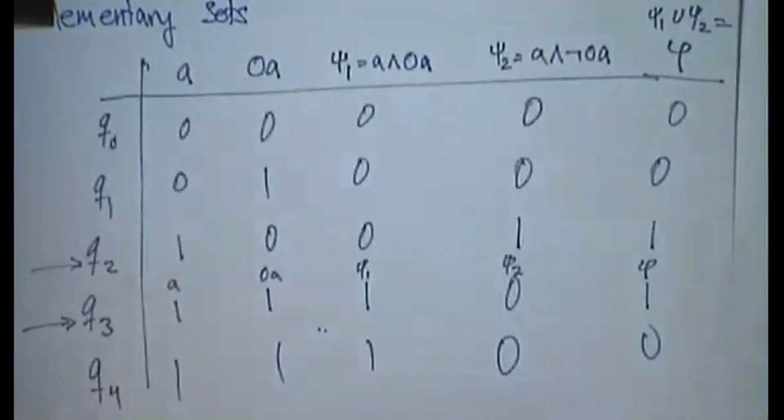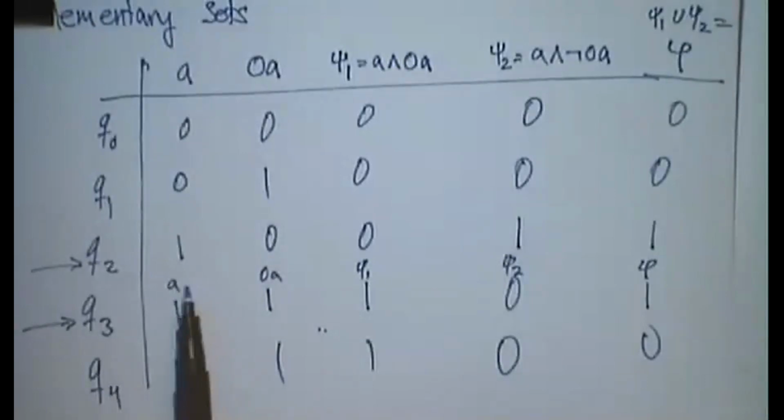Now let's do Q2. What happens in Q2? In Q2, first of all, again, because I should satisfy A, I can only have outgoing edges that are labeled with A from Q2.